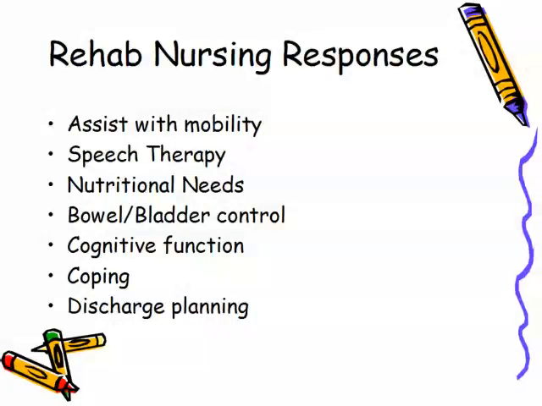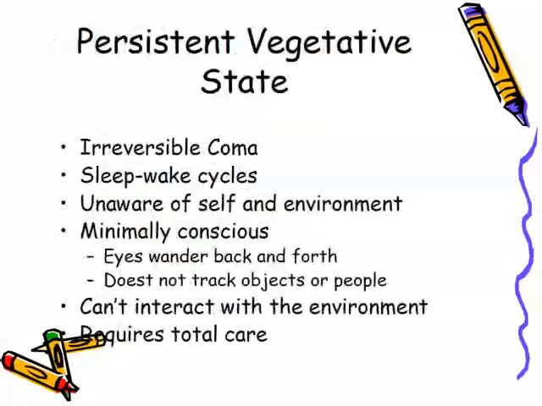And remember that many patients that have had severe injuries do not return to the same cognitive level that they were at before the injury. We want to talk a little bit about persistent vegetative state. For comatose patients that have had severe neurological injury, a patient may persist in a persistent vegetative state.